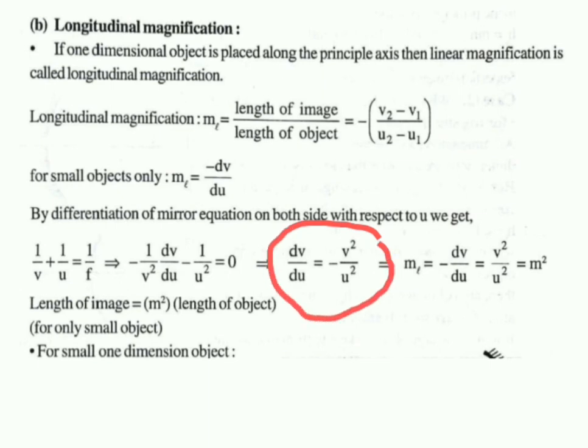If object is very long, then don't go for this relation. Take one end of the object as u, find out v. Take another end of the object as object distance and find v. The difference in the two v's will give you the length of image. But if the object is small, for small objects, dv by du, where dv is the length of image and du is the length of object, is minus v square divided by u square. So this formula is applicable for longitudinal magnification.